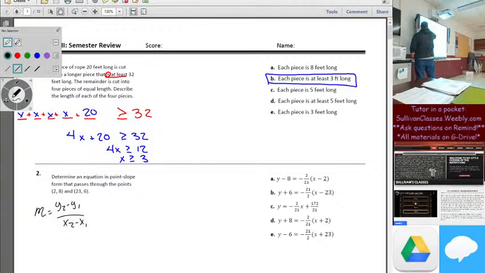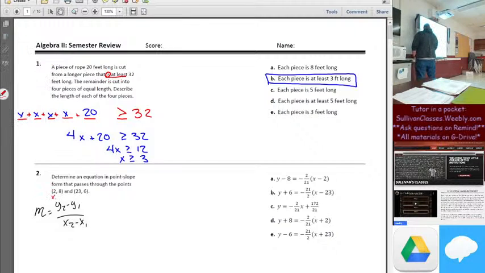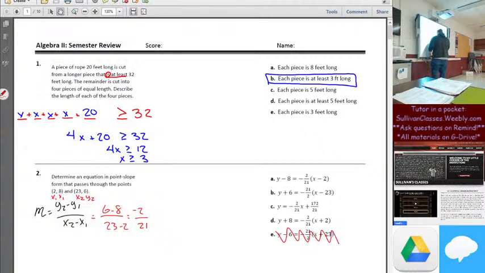Which one is 2 and which one is 1 is arbitrary. Doesn't really matter. I'm going to say 6 minus 8 over 23 minus 2, negative 2 over 21. So right out the gate, oh, they all got a negative 2 over 21. Oh, no. That's got 21 over 2.